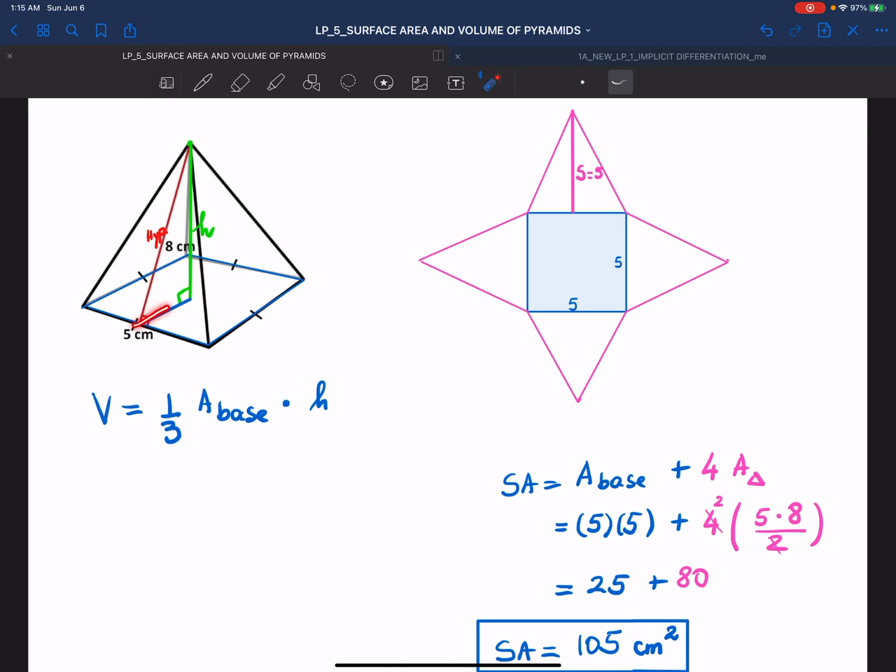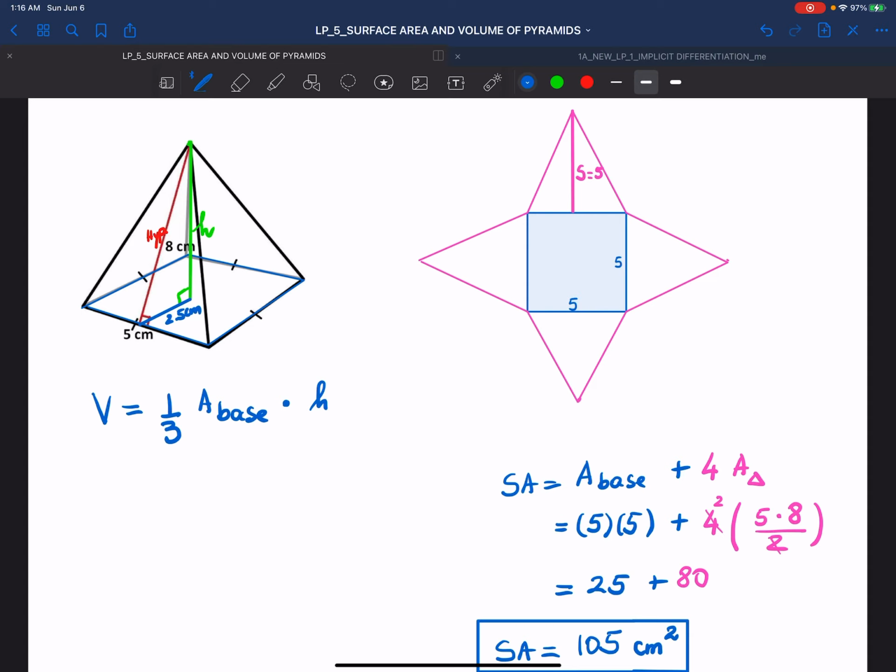So if this length was 5 centimeters, here we go, this is 5 centimeters, because they're all 5 centimeters, right? Now, when you draw the perpendicular, you have fallen right here in the middle of this side, which should be the same as half of this. So this would be equal to 2.5 centimeters.